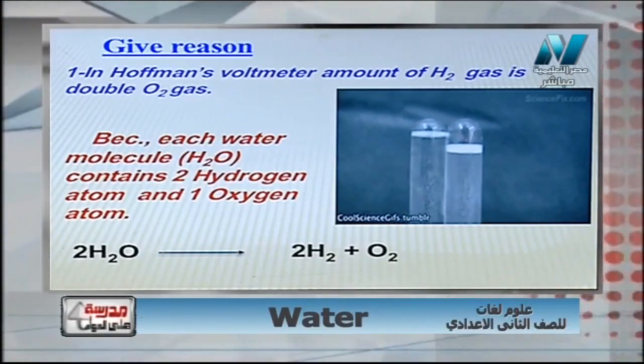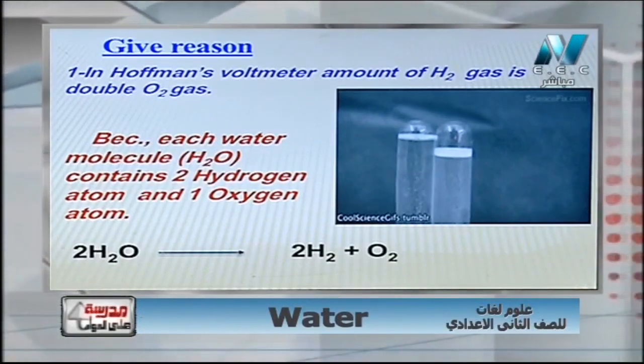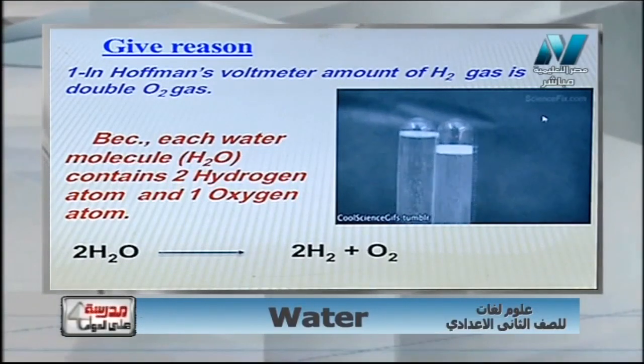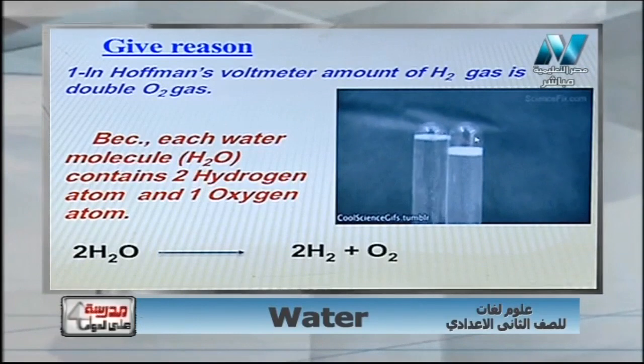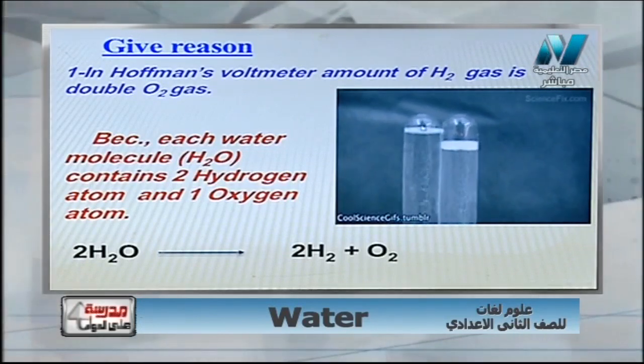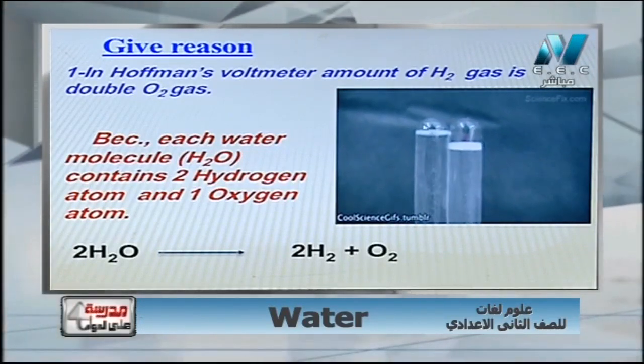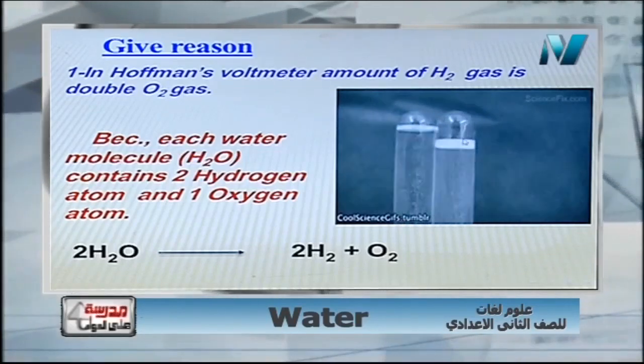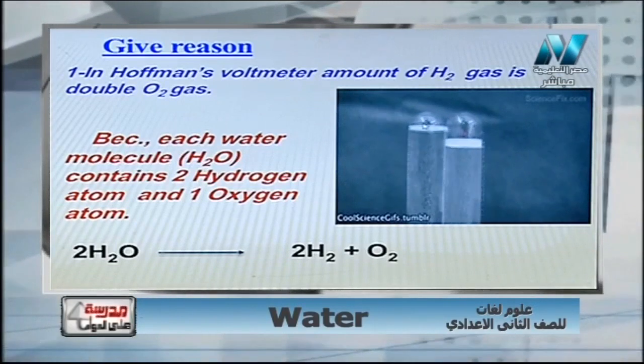Of these test tubes, which one is the oxygen and which is the hydrogen? The bigger one is the hydrogen, and the smallest one is the oxygen. Why? Because for every 2 hydrogen atoms, there is only 1 oxygen atom.